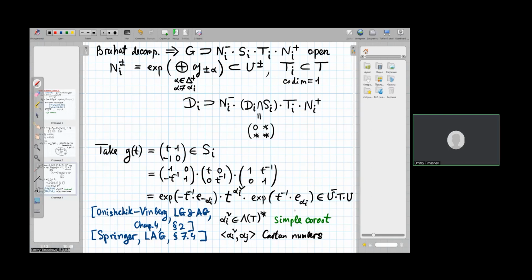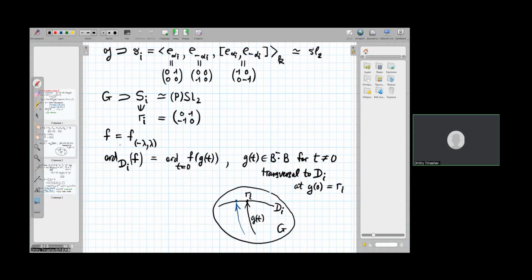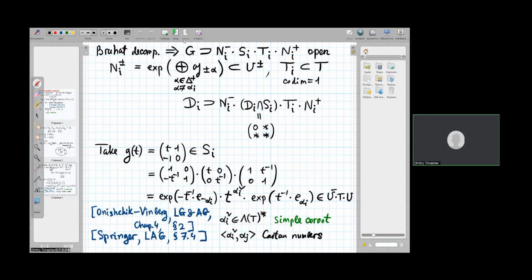And now it remains to compute the value of my function f, this function f of eigenweight minus lambda, lambda, at this curve. Let's do it.